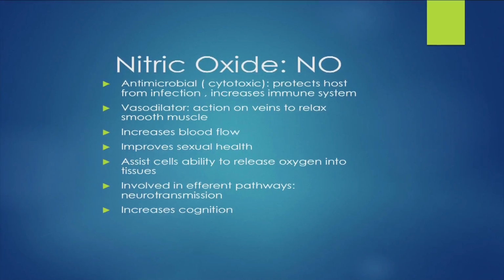For example, it is antimicrobial, it is a vasodilator to relax smooth muscle, it increases blood flow, it improves sexual health, it assists the cell's ability to release oxygen into the tissues, it is involved in efferent pathways such as neurotransmission, and it increases cognition.